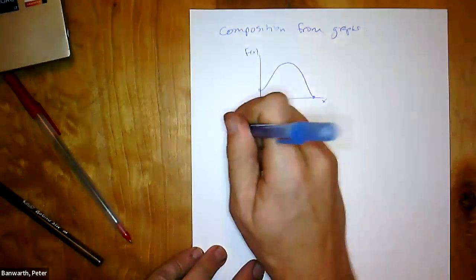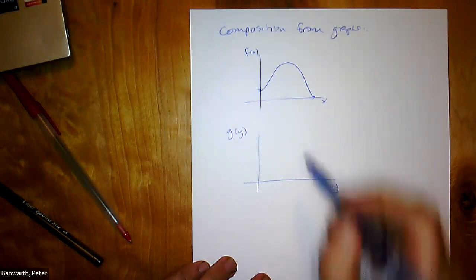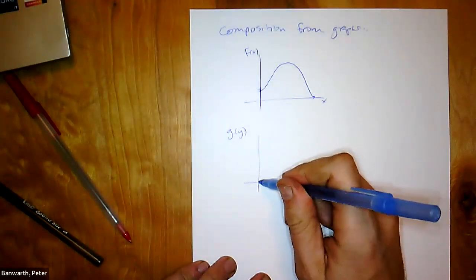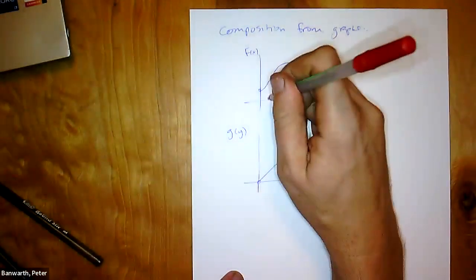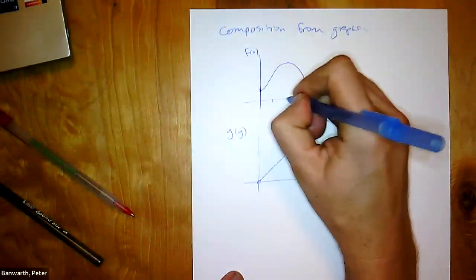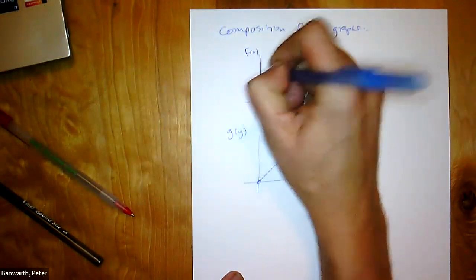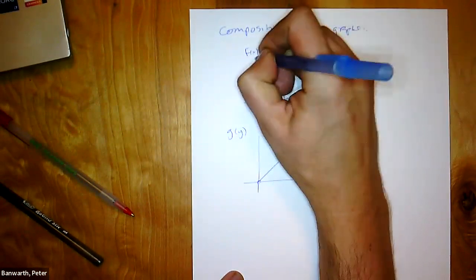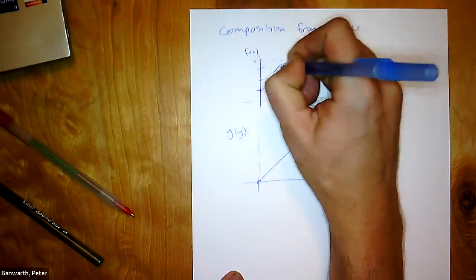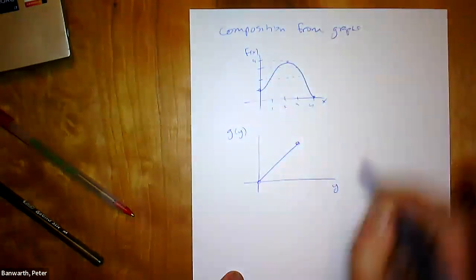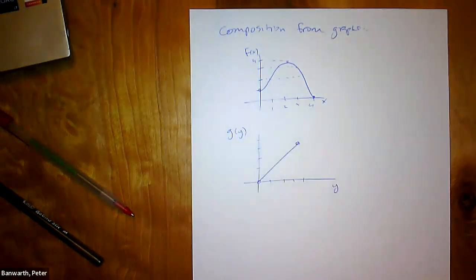And this is an input into g, so y and g of y. And let's say it just looks like, keep it simple and make it look like this. So I'll put some units. 1, 2, 3, 4. 1, 2, 3, 4. Let's say that's the top there. And 1, 2, 3, 4. 1, 2, 3, 4. Okay.